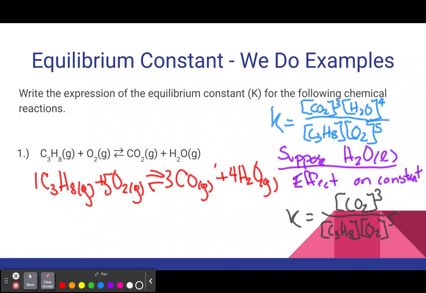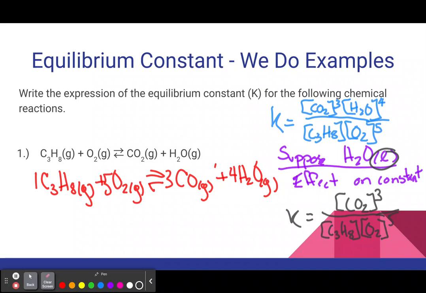You'll notice I eliminated the concentration of H2O because if it was a liquid, liquids we don't represent in the equilibrium constant. So that's how it would change. Instead of producing steam, if it produced liquid water, we would just omit the concentration of water.